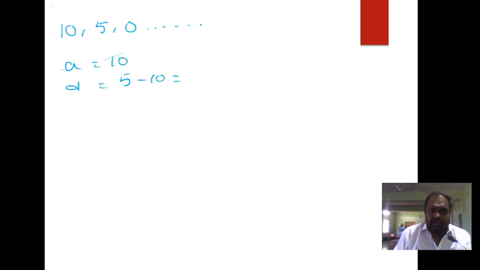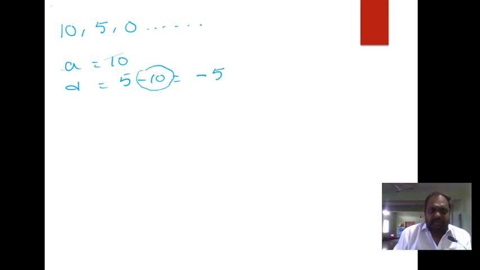Next, a very important factor is getting the common difference. Take the series 10, 5, 0 and so on. Here a is equal to 10. What about the common difference? d is equal to 5 minus 10. Here we will get a minus sign, because the big number's sign is minus. So 10 minus 5 is 5, minus 5.